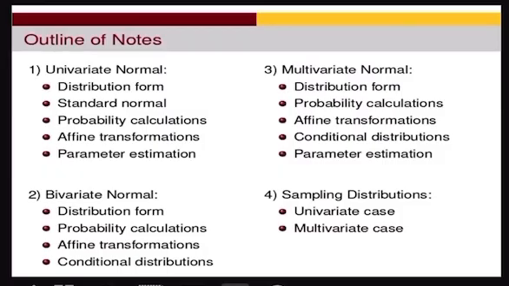Today we are going to focus on the bivariate normal. In the outline, I'm going to give you the distributional form, the probability calculation, the affine transformation, and conditional distributions.